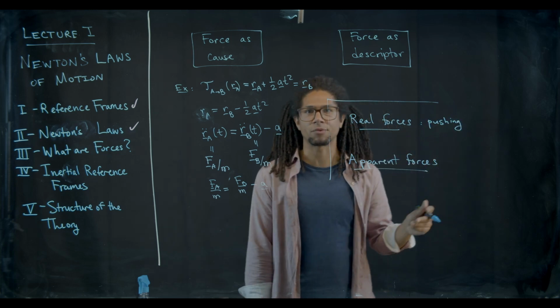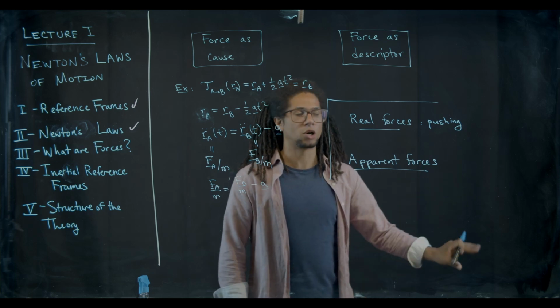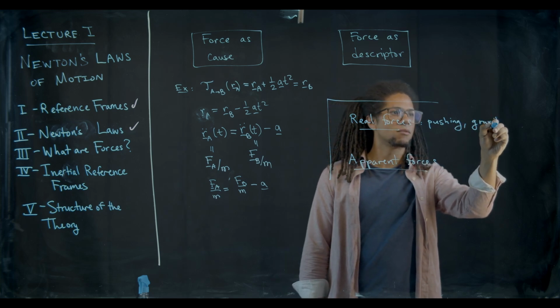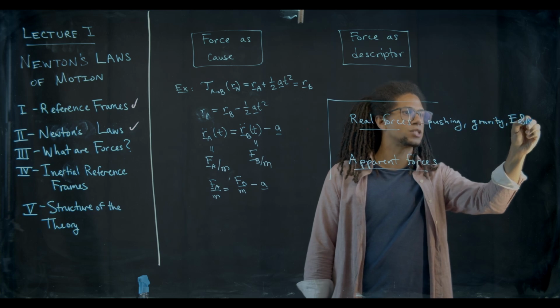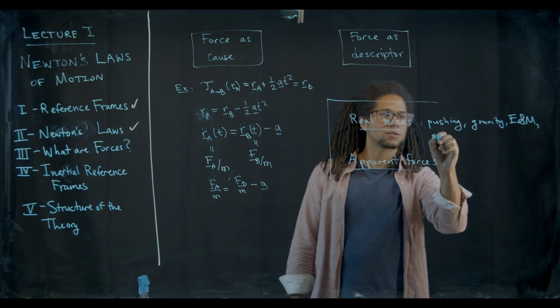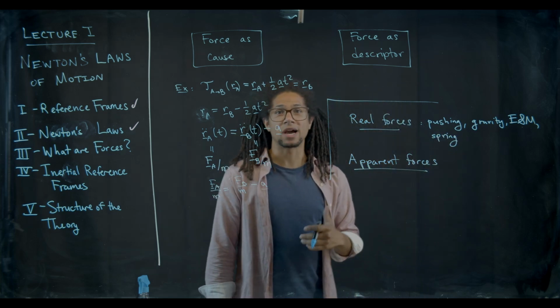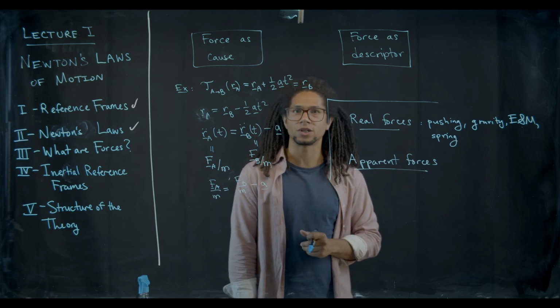If I push on something, that's a real force. I'm exerting that push on the other thing. Gravity. The electric and magnetic forces, I should say. Spring forces. In fact, most of the forces that you might think of from a course on introductory mechanics are real forces.